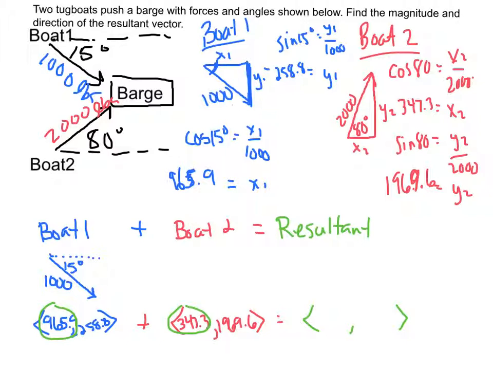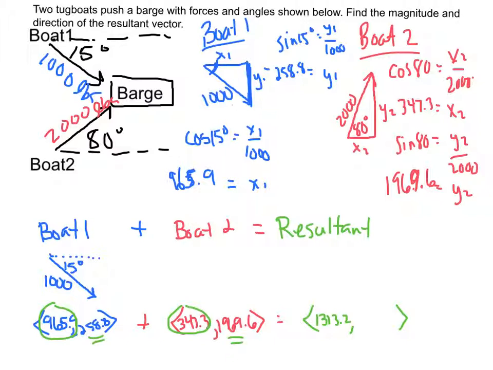So that's 347.3 plus 965.9, and I get 1,313.2. And then I'm going to add the two y components.